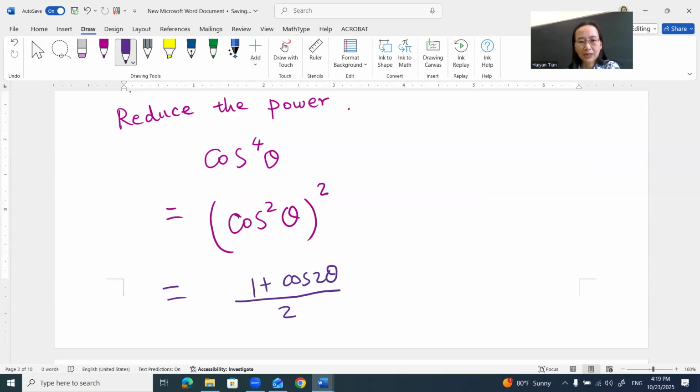Yeah, so this is to replace the cosine square theta. So the quantity inside the parentheses, you see the power is reduced. Now the second power is reduced to the first power of cosine, but cosine of a double angle.